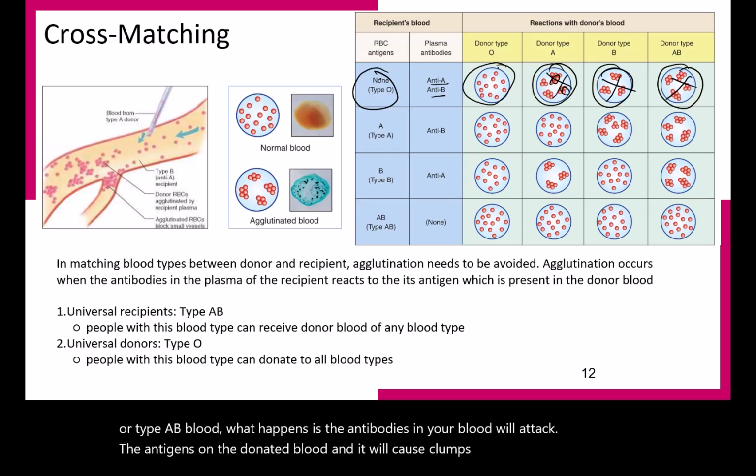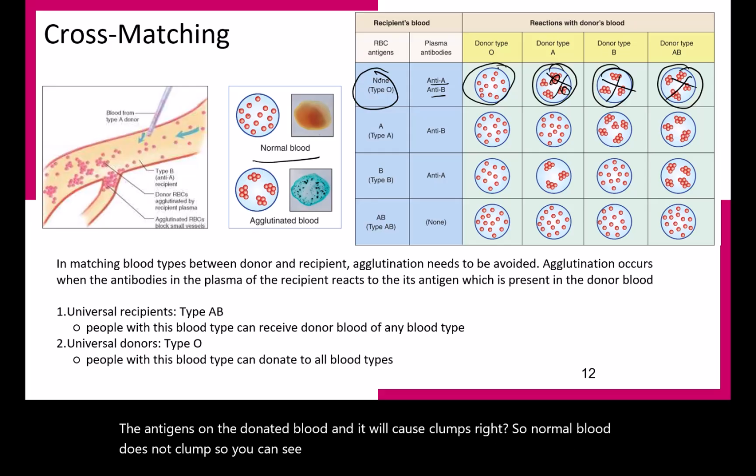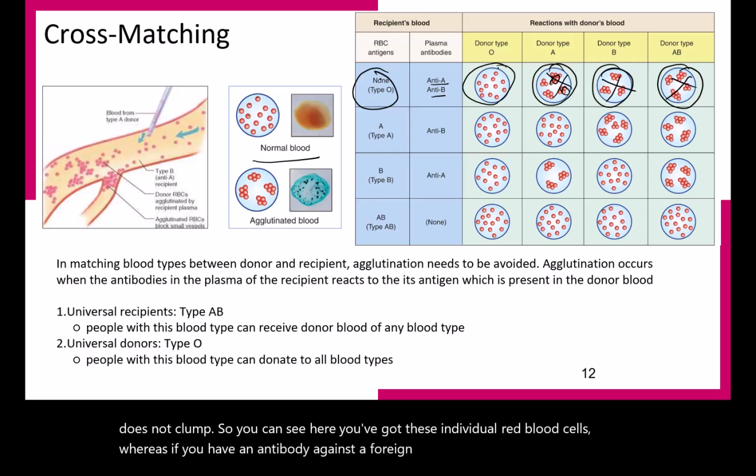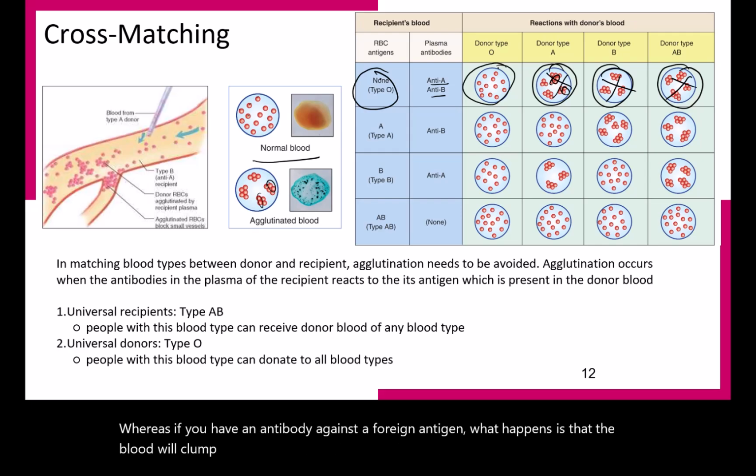Normal blood does not clump. You can see here these individual red blood cells, whereas if you have an antibody against a foreign antigen, the blood will clump in a process called agglutination.